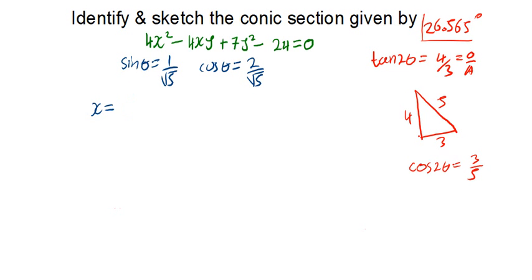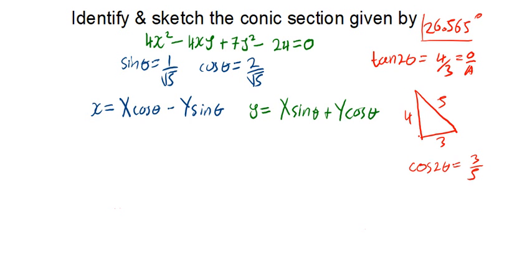So for convenience, let me use uppercase X like this. You are supposed to say uppercase X cos theta minus uppercase Y sine theta. Then your y will be equal to uppercase X sine theta plus uppercase Y cos theta.